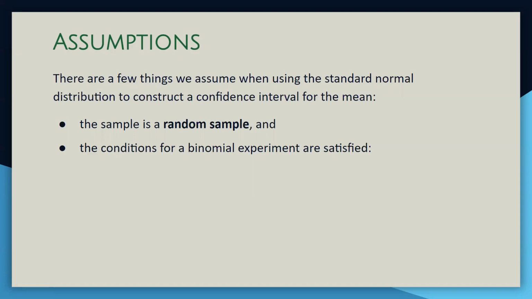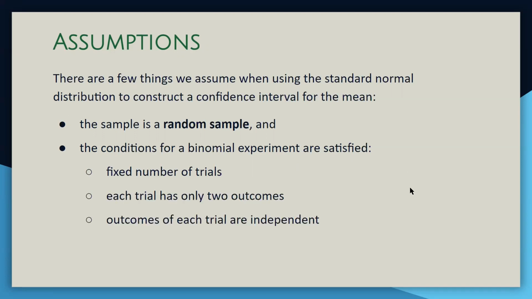You either have the characteristic of interest or you don't. And so we need to check that the conditions for a binomial experiment are satisfied. It is safe for you to assume they have been met when you're reading problems in a book, but again, as a researcher, you should check these 4 things: fixed number of trials, 2 outcomes for each trial, outcome of each trial is independent, and the probability of success is the same for each trial.